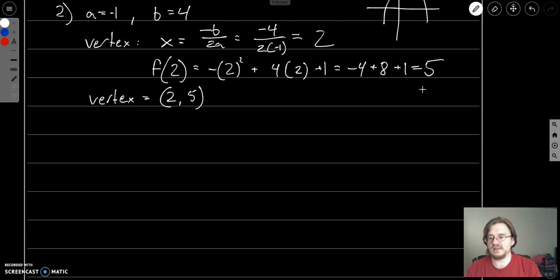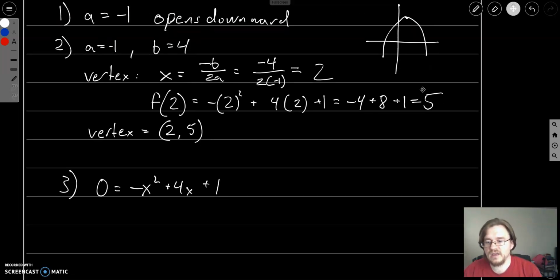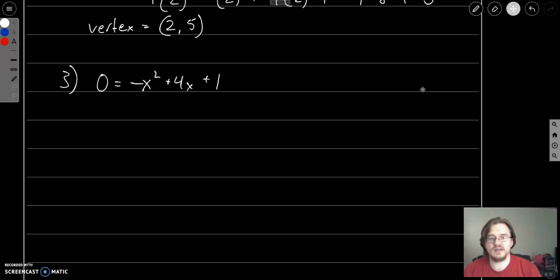So to find the x-intercepts, we need to know when the function height is 0, as in we need to know when 0 will be equal to negative x squared plus 4x plus 1. And to do this, what I'll do is I'll just use the quadratic formula. So again, we have a is negative 1, b is 4, and c is 1.